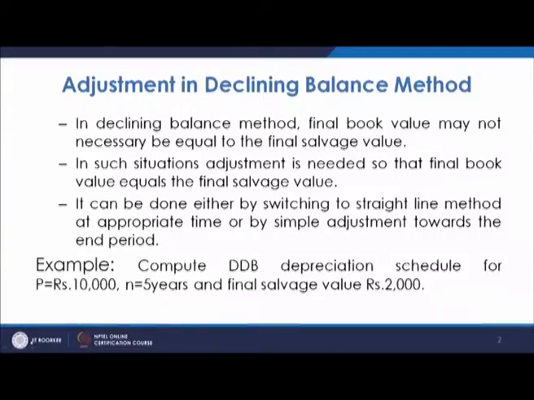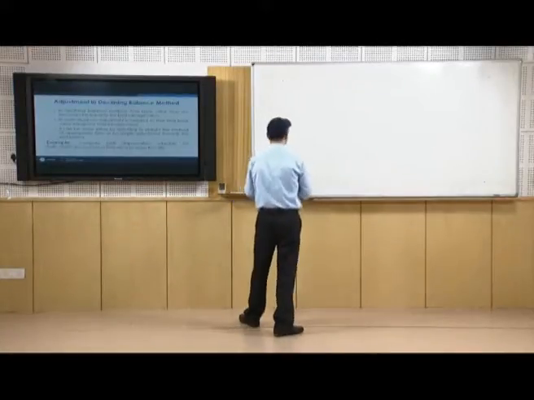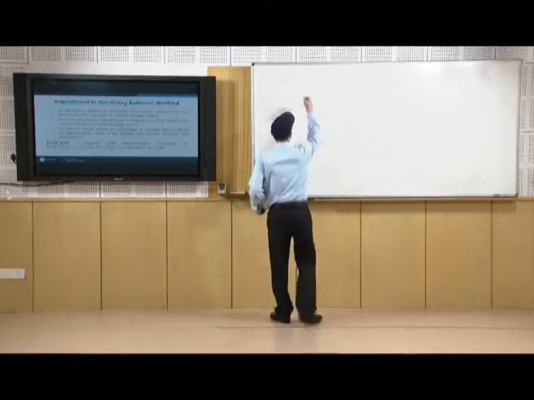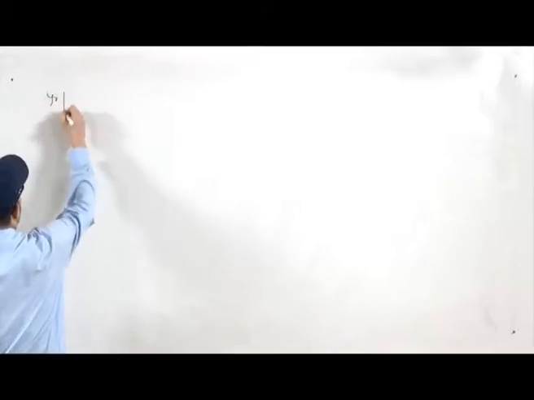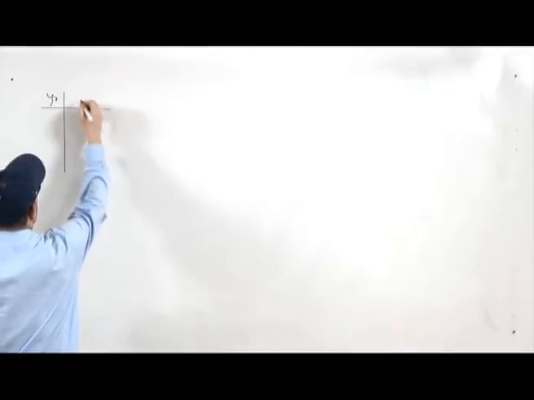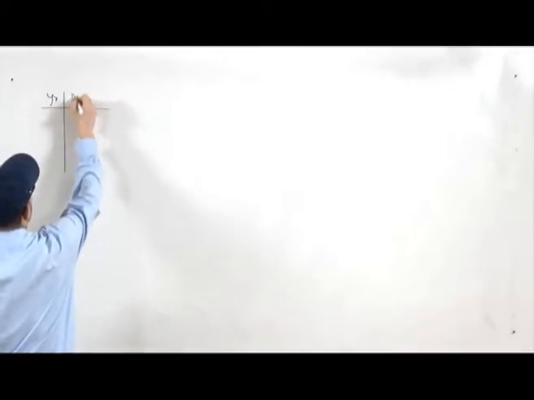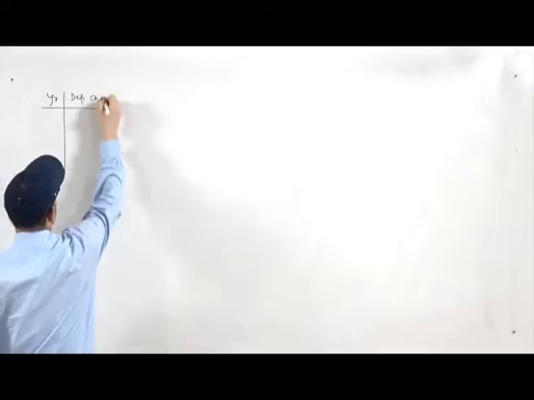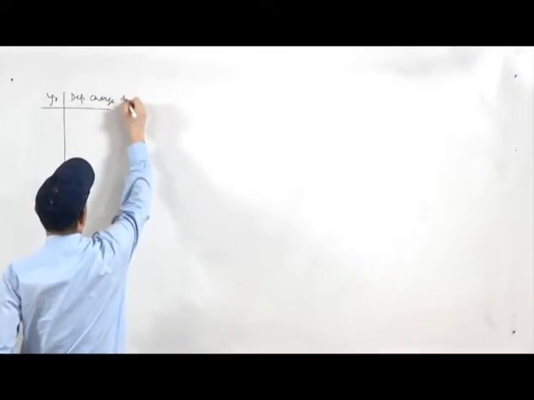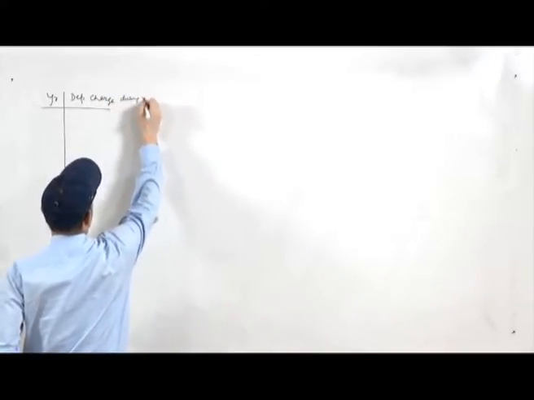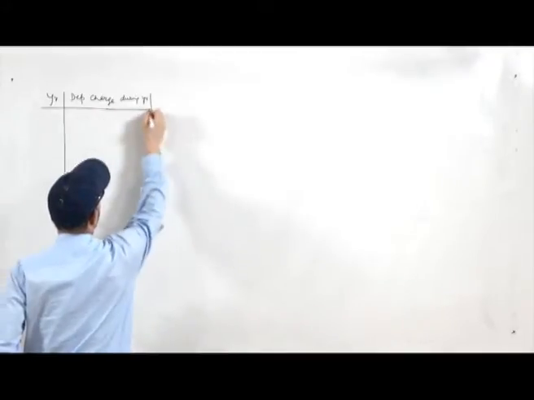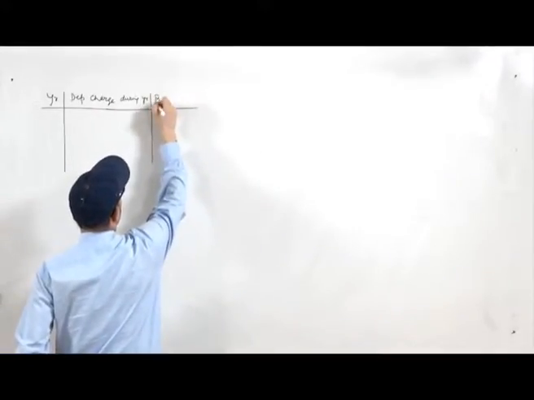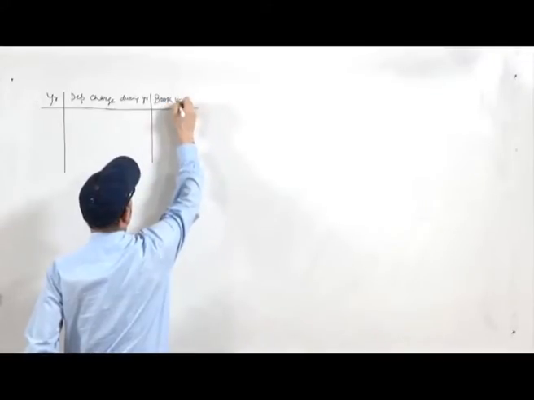First cost is 10,000 rupees, n is 5 years and final salvage value is rupees 2000. In that case, as we see, you have year, then you have depreciation charge during year and book value at the end of year.